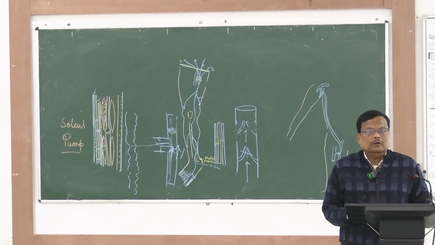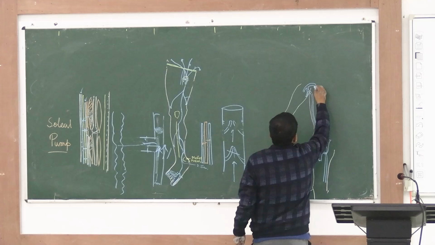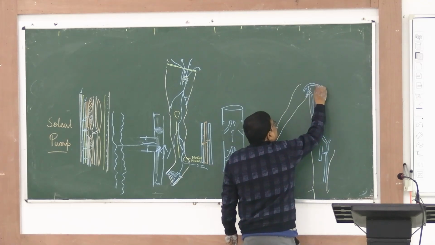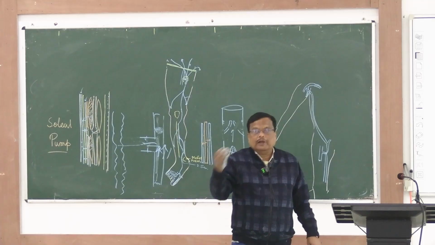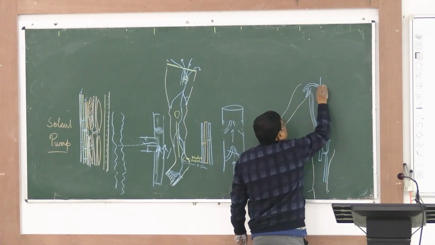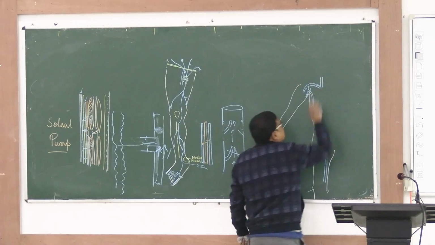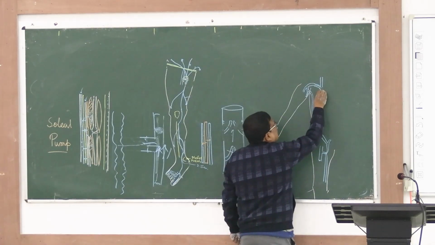So এইটা কোথায় ড্রেন করছে? Axillary vein becomes subclavian vein. Subclavian vein joined with internal jugular vein to form the brachiocephalic vein.